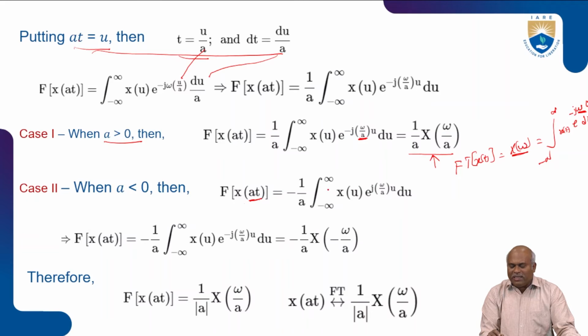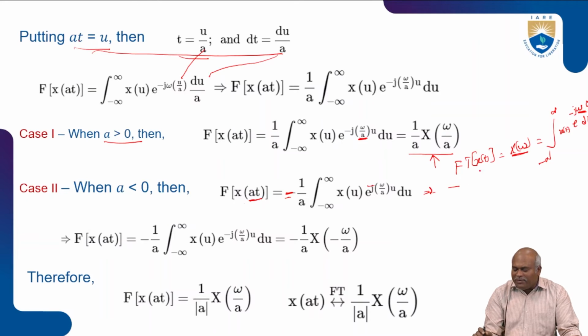So integration from minus infinity to plus infinity of 1 by a, with the minus added, x of u e power minus j omega divided by a times u du. Now there is a minus, so we write this value as minus of 1 by a X of omega by a.